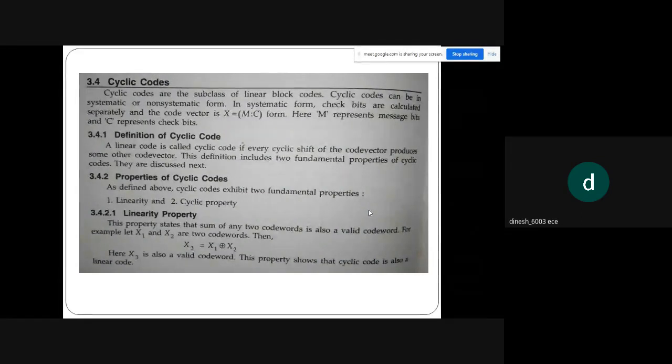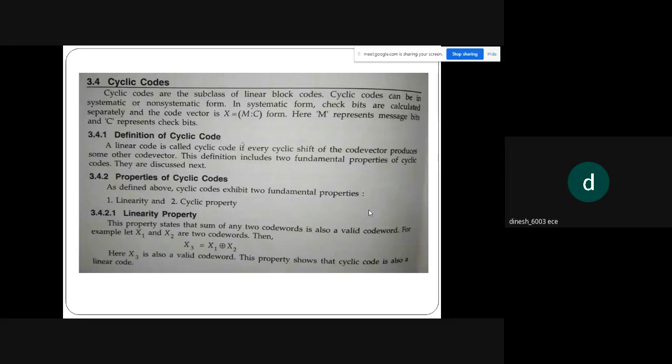For example, if you have a code vector 0, 1, 1, I do a cyclic shift of that by 1 bit to the right, I get 0, 0, 1. So this 0, 0, 1 should be present as another code vector. If it is there, then we call it a cyclic code.